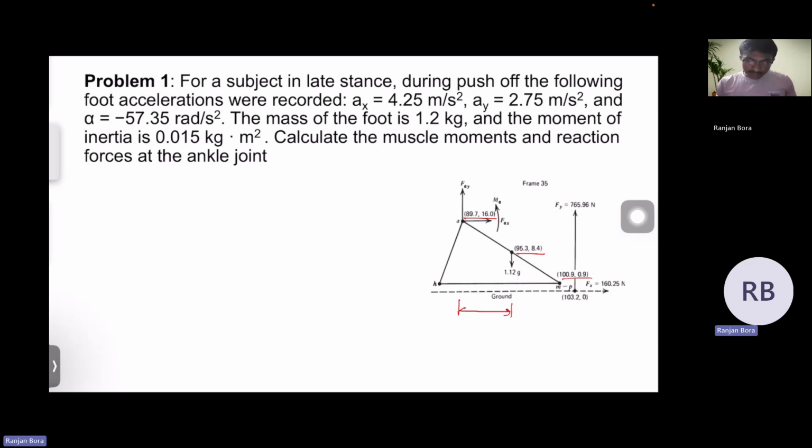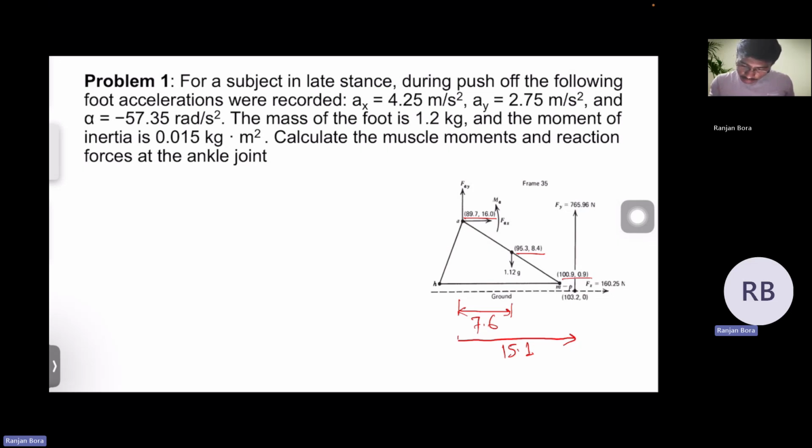These coordinates are given in centimeters. This is 7.6 and this distance is 15.1.